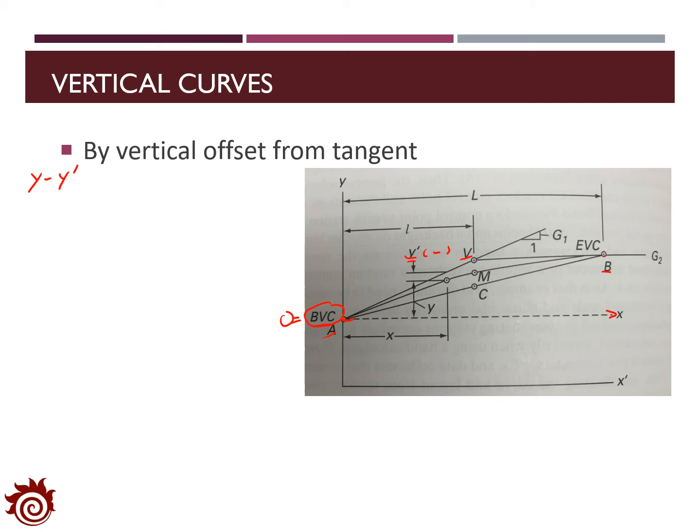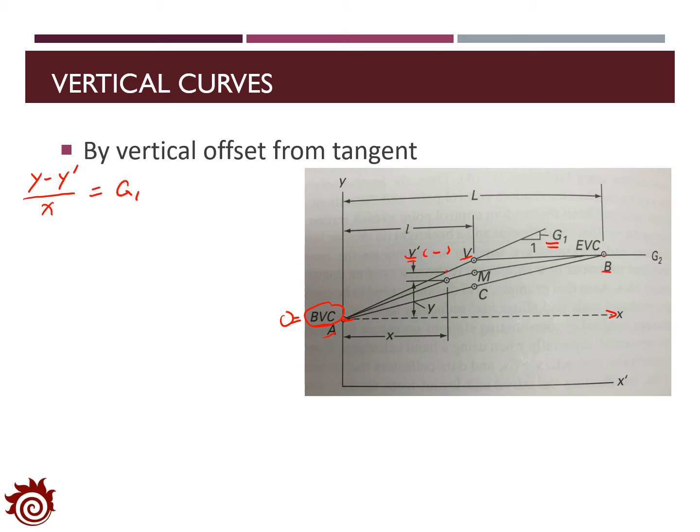So based on the distance from the tangent line to the x-axis, which is y minus y prime, and if we are given the distance from the starting point to the point we measured, that will be x, then it will be the same as the slope of the tangent line, which is g1.